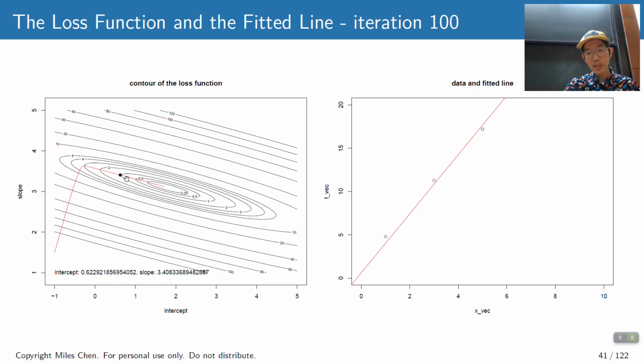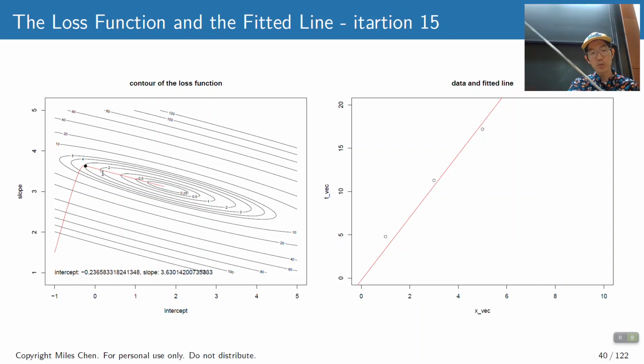Here we can make the slope of this line a little less steep, and to fit our data better, we increase the value of the intercept. So the intercept is now climbing towards the true solution of 1.8, and the slope is coming down towards the true solution of 3.1.